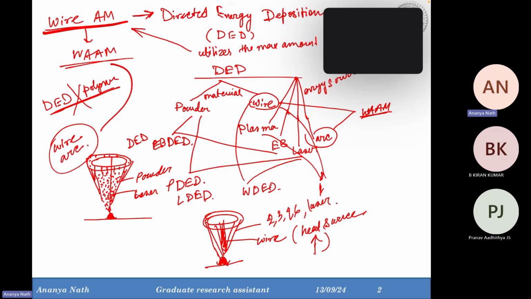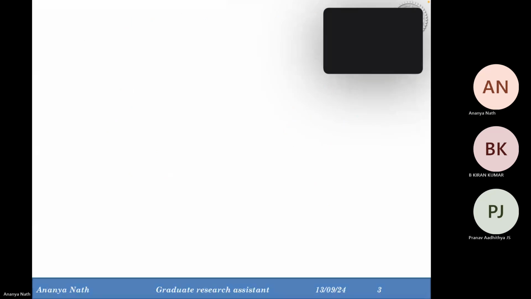So, in WAAM, what happens is, the wire will come and the arc is coming. Okay. So, to make the arc, we have to have an electric connection.